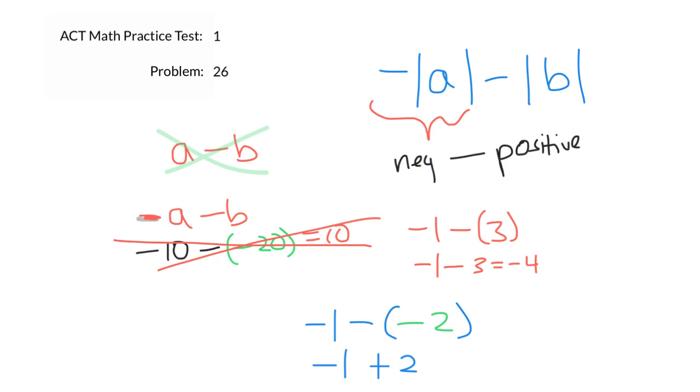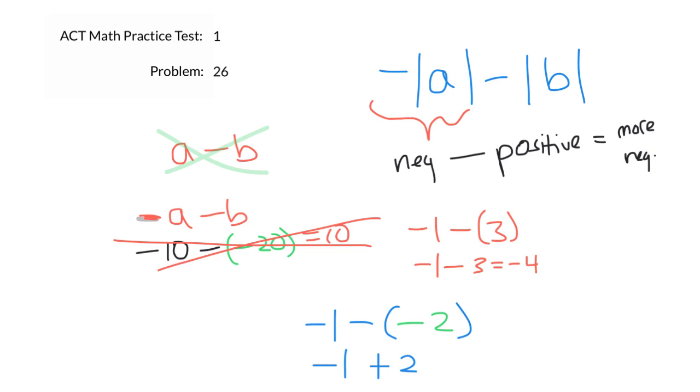So when you have a negative number minus a positive number, of which absolute value B is, you're just going to get more negative. In the same way that you started with -1, you subtracted a positive number, and you ended up more negative with that -4. So that's one way of understanding what's going on there.